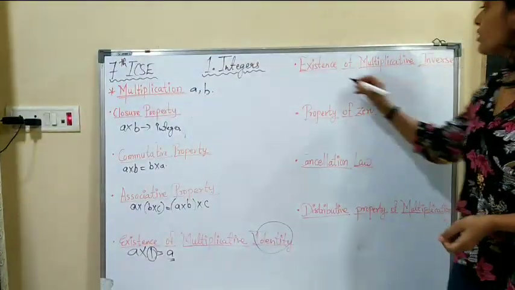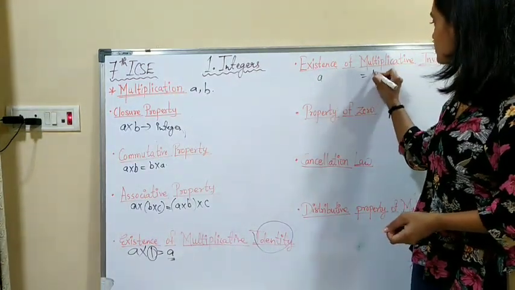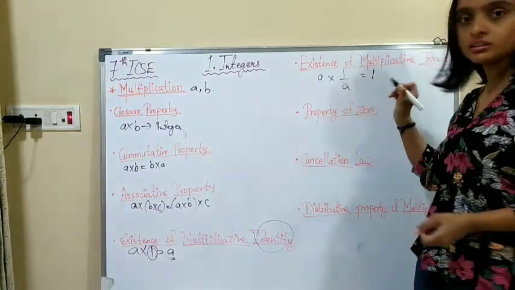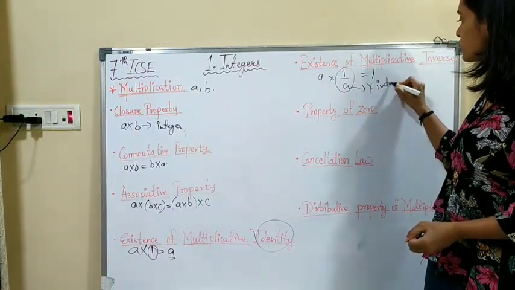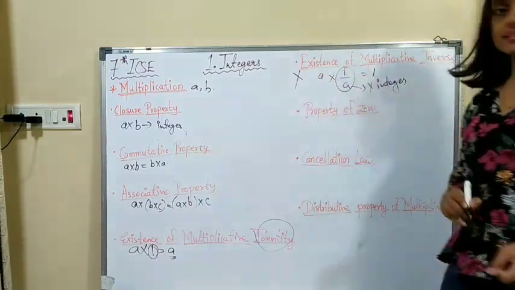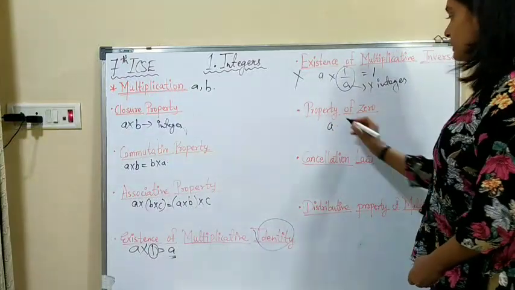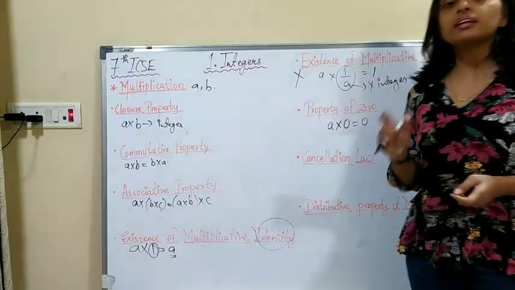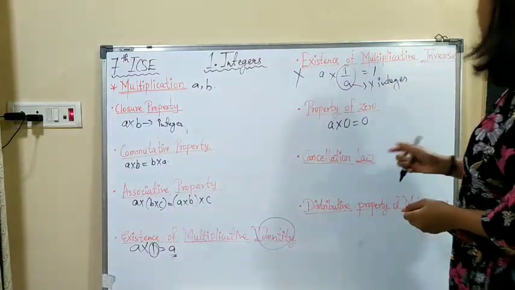If you have an integer A, then to get your answer as 1, you have to multiply A by 1 upon A, but 1 upon A is not an integer. So multiplicative inverse does not exist. Now the property of 0. If A is multiplied by 0, then you get 0. That is, any integer when multiplied by 0 gives you 0 as the answer.